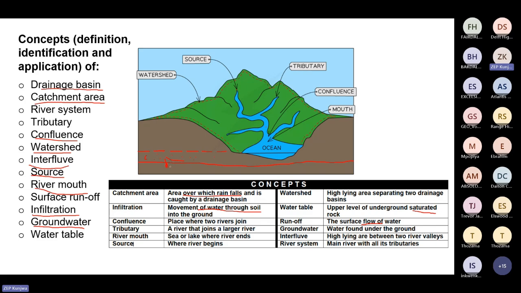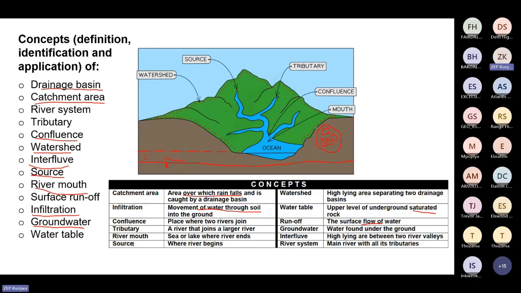I'm going to try to make the soil grains a little bit bigger there and draw them, if you can see them there. If there are spaces between the soil particles, those spaces make your porosity.